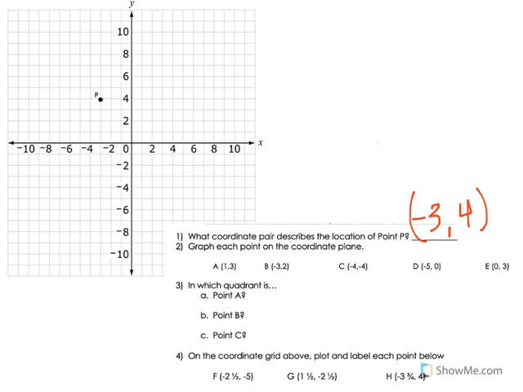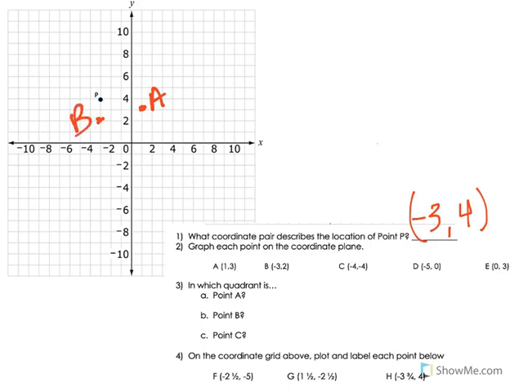I'm going to go over 1 and up 3. So that is A. Point B is at -3, +2. That is B.